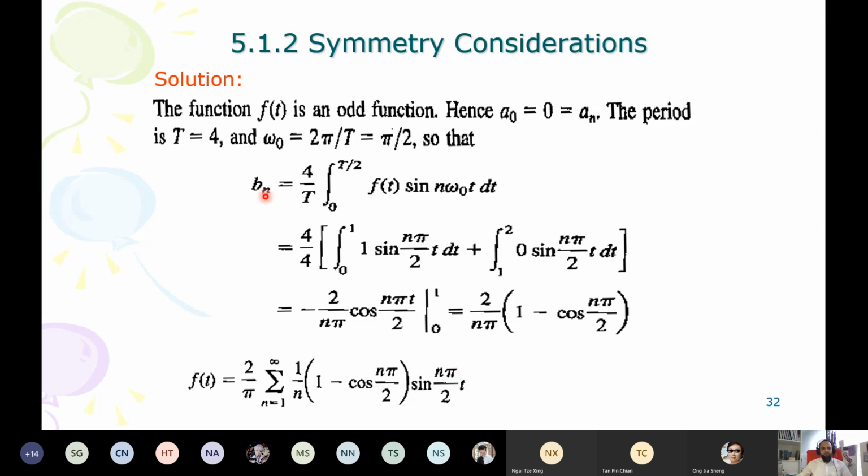Okay, so the main thing is to find bn in this one, and for f(t), we put bn inside the Fourier expansion. Don't worry, this is the same thing coming with bn, and this is the fundamental part of the Fourier expansion. This is the sine component. So this all is bn. All right, and this is the sine component. This is the Fourier series expansion.